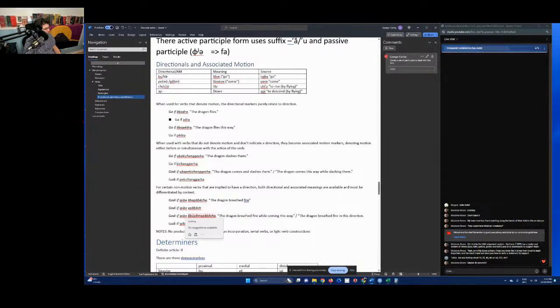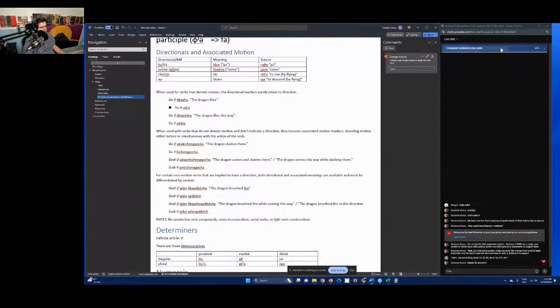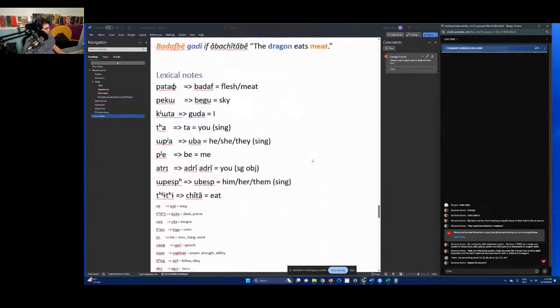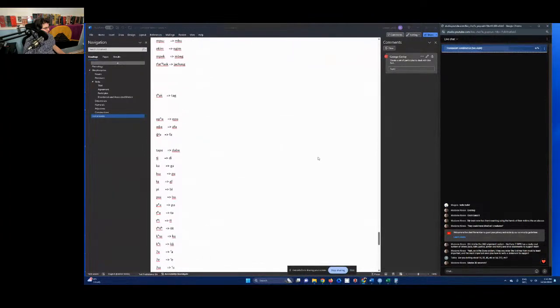Instead of Abapa Betcha, it would be Upema Betcha. But this one would stay the same, because what I would do is reduce the vowel, but the consonant stays there if there's a vowel after it. So that may be something that I ask you guys in a poll in a minute. But we're working on numbers for now.